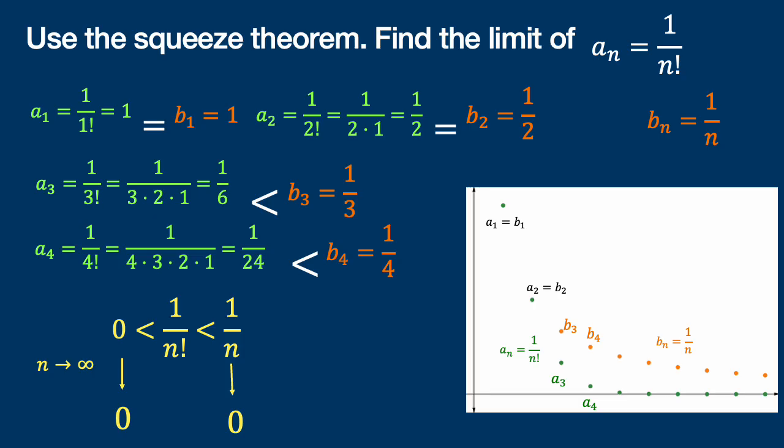So by the squeeze theorem, the middle sequence has to go to 0. Can you see from the graph that An is getting close to 0? That's why the limit of 1 over n factorial is 0 as n increases.